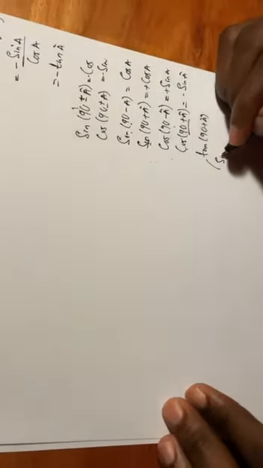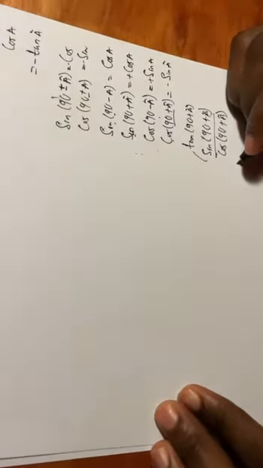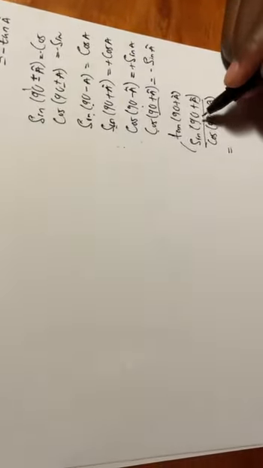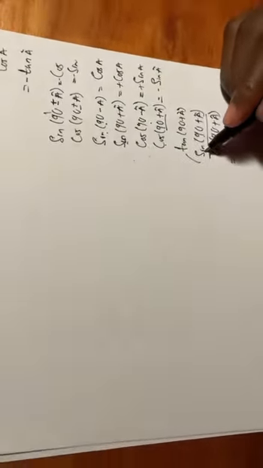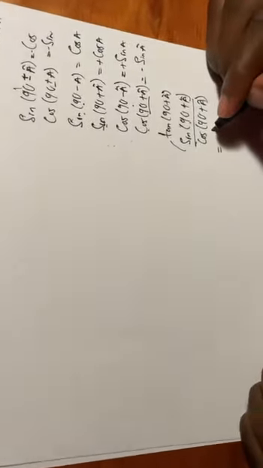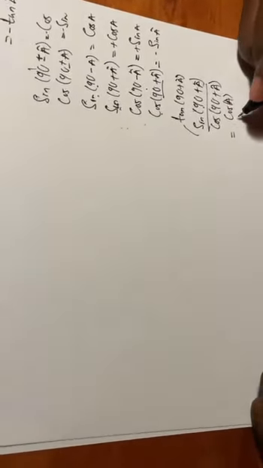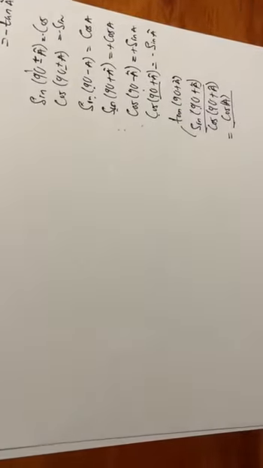Well, you have to remember that tan is equal to sine over cos. Therefore, we have sine 90 plus A over cos 90 plus A. And you know 90 plus A is in the second quadrant, and sine is positive in that quadrant. Therefore, we have cos of A. Then the denominator, 90 plus A is in the second quadrant.